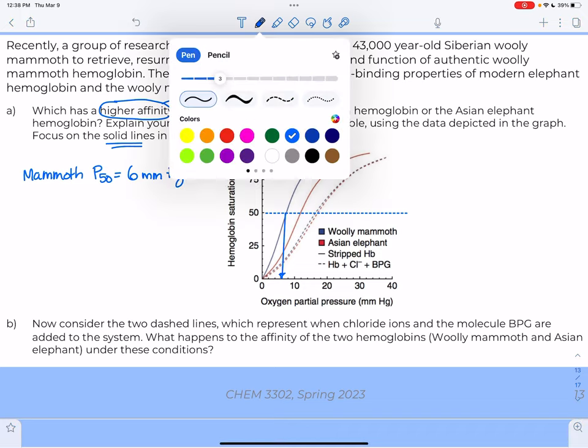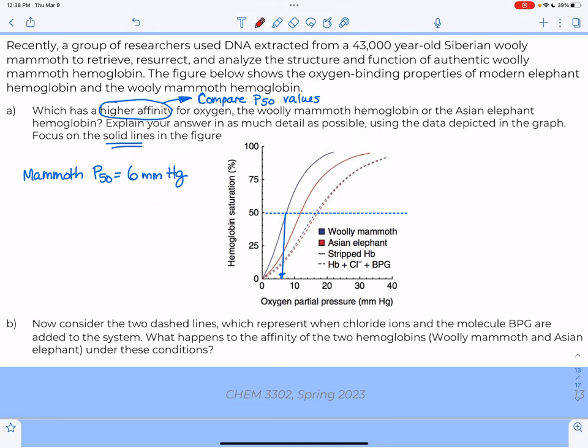Now we're going to look at the Asian elephant, and when we drop the line from the 50 onto the x-axis, we get about 12 millimeters of mercury. This is the Asian elephant.